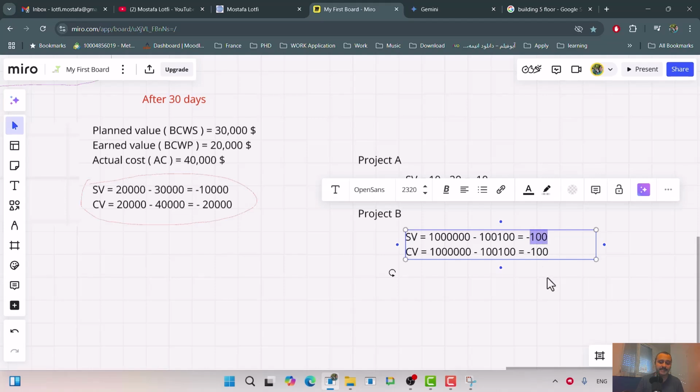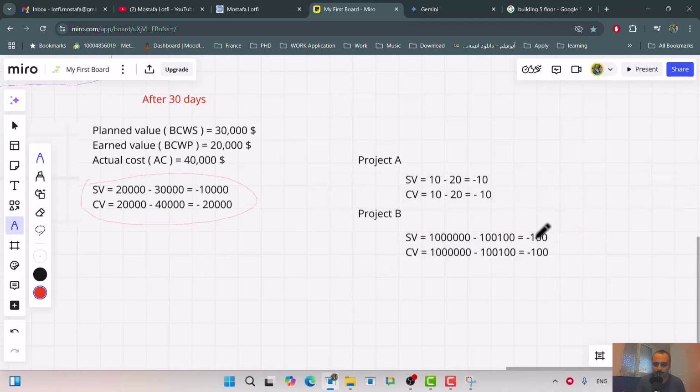What is important is only if it's negative or positive. I hope you get this idea. It's very important you understand this concept, because basically it is saying SV and CV is useless. That's what I want to tell you.